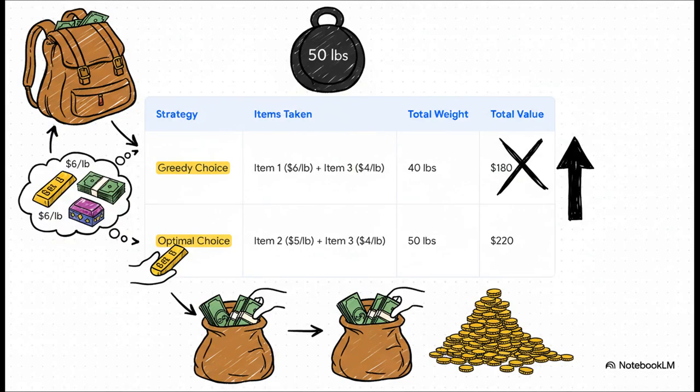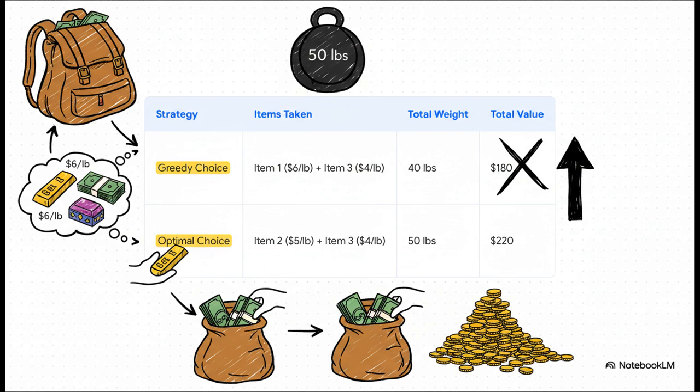Let's say our knapsack holds 50 pounds. Item 1 has the best value per pound, so the greedy choice is to grab it. After that, we have room for item 3, giving us a total value of $180. But look at the optimal choice. It actually skips that best item and instead takes items 2 and 3. That fills the knapsack perfectly and gives us a way higher value of $220.